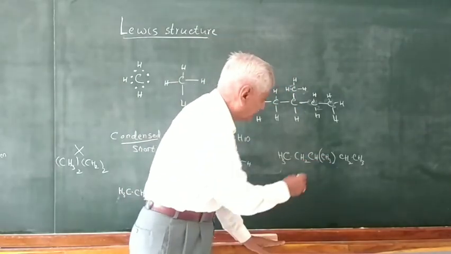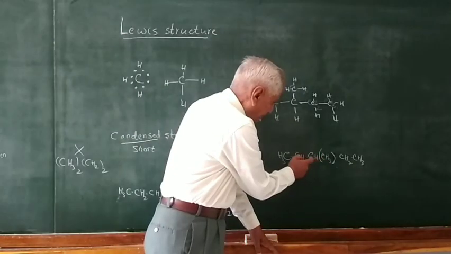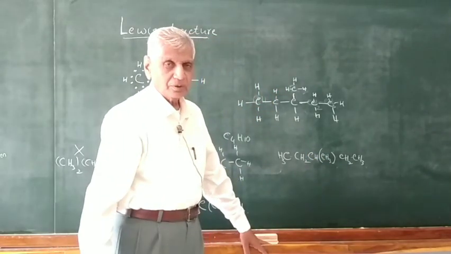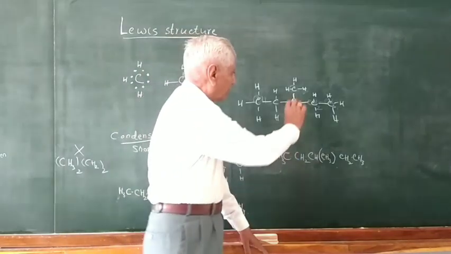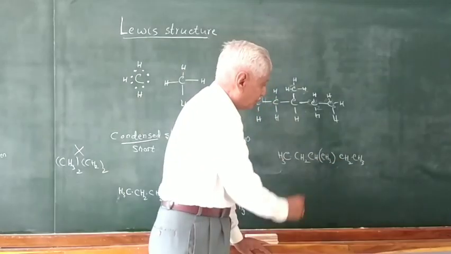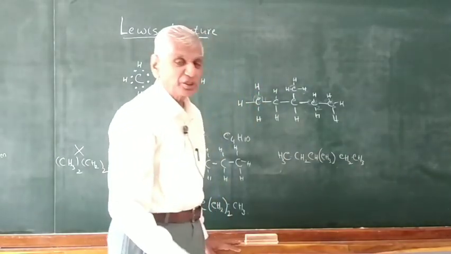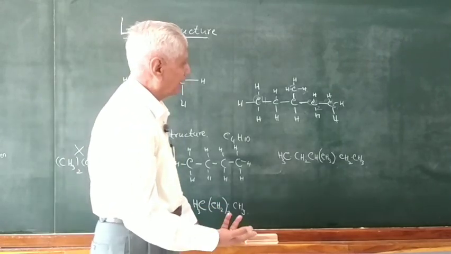Whatever you have written in the bracket corresponds to this carbon. Is that clear? So the branch can be written in a bracket. This is the way of writing the condensed structure. Similarly, another condensed structure is there.